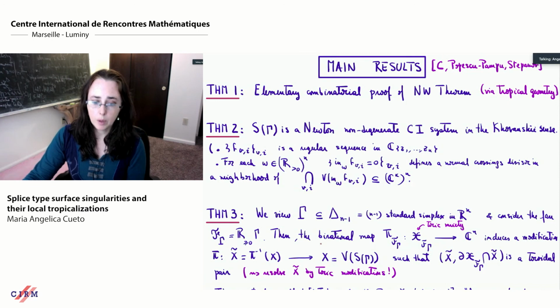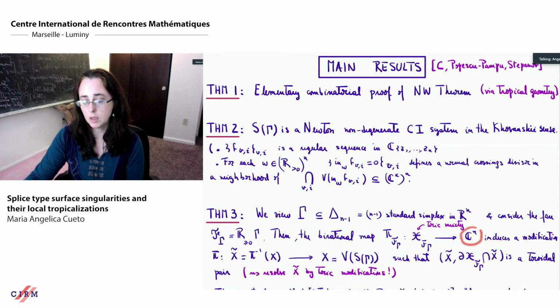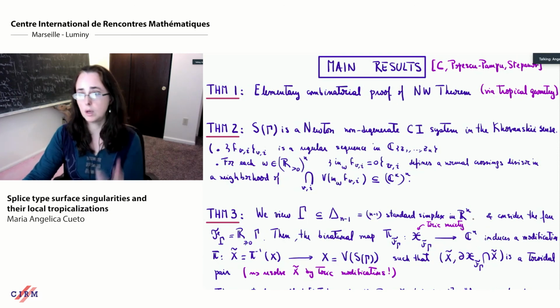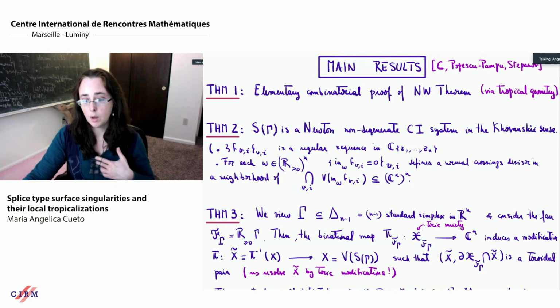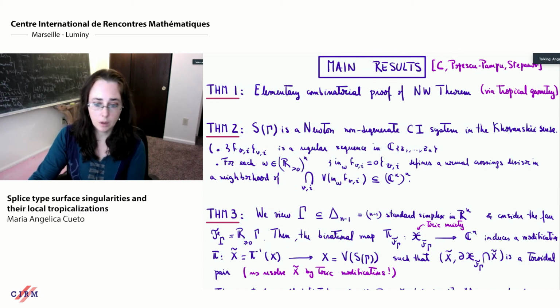And I'm going to have a birational map that goes from this toric variety to Cn. Cn I think of as the toric variety associated to the fan that is just a positive octant. And this birational map, when I restrict the target to the vanishing of my splice type system, gives a modification of it, and the strict transform of this splice type system is going to have a nice property.